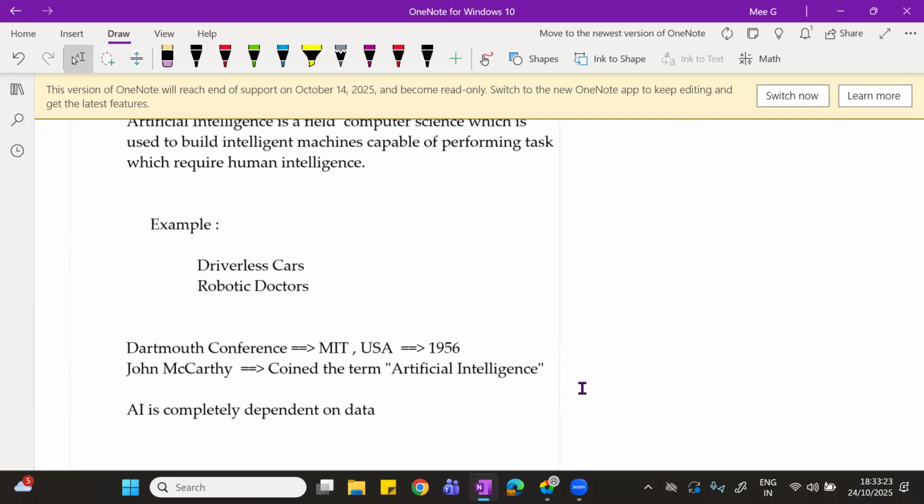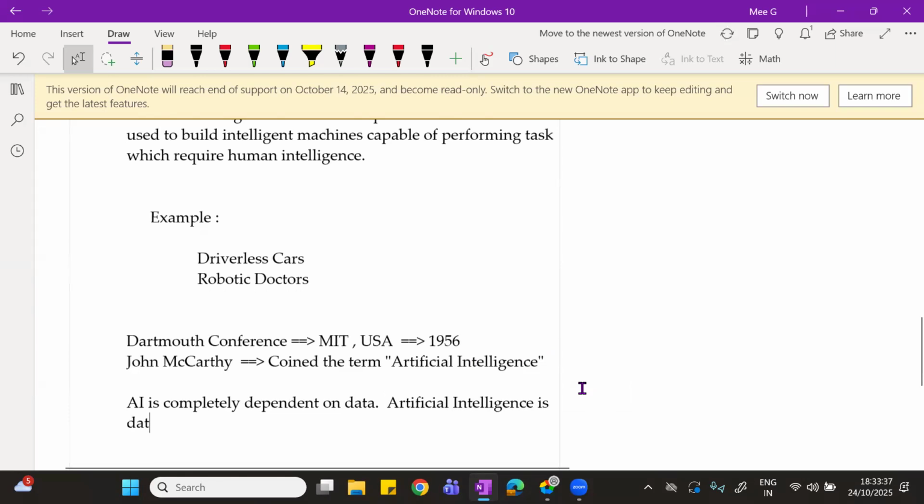That's the reason why we say artificial intelligence is data oriented. Now, in 1956 and 2025, why are we learning it now?